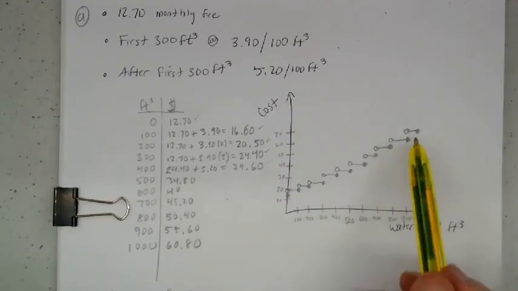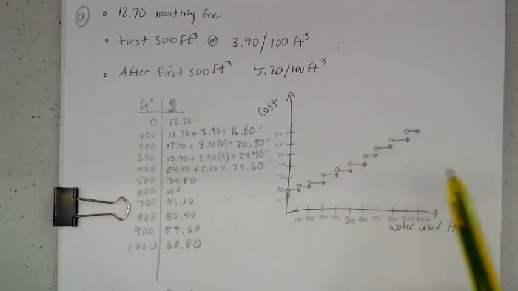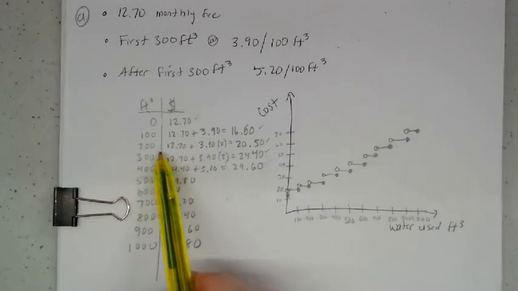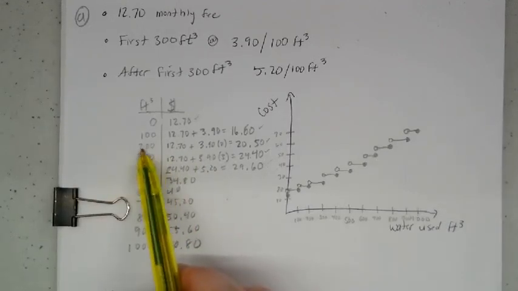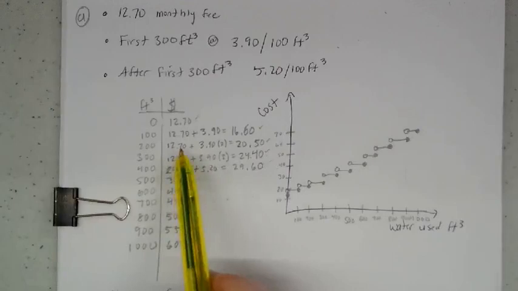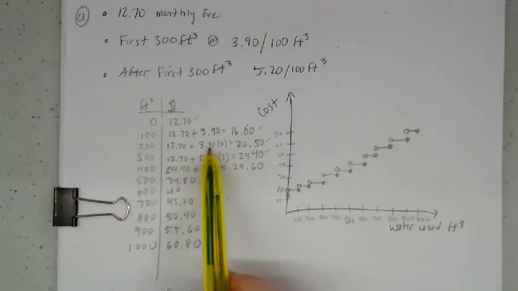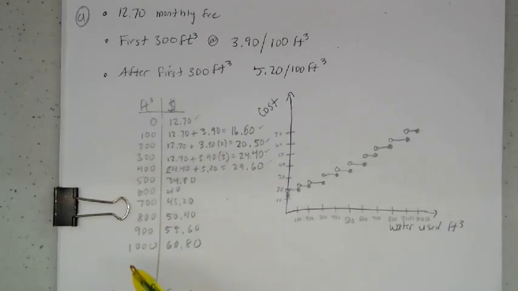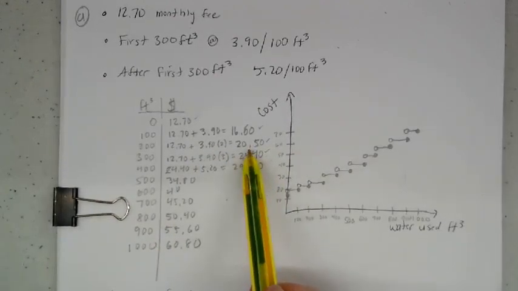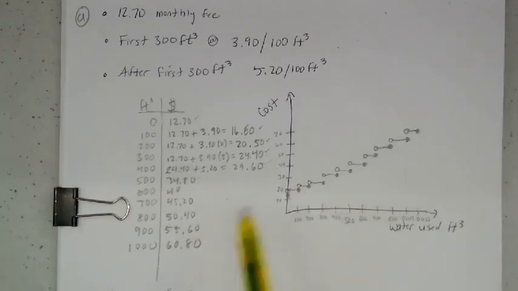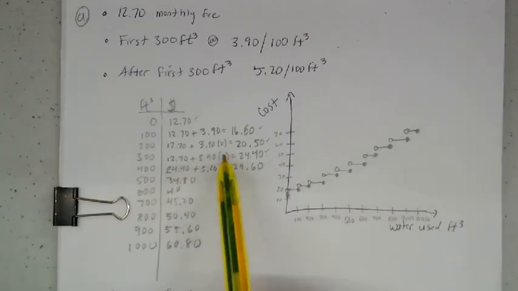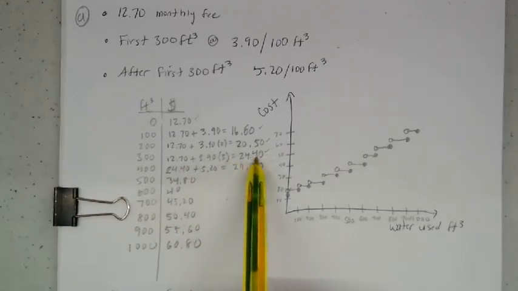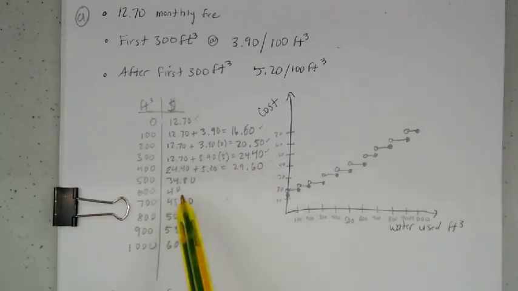They're all squished in there, but I did my best to graph them. The second, 200 cubic feet, is $3.90 times 2 plus your $2.70, which gave me $20.50, and I put that on my graph. Then I realized I can just add $3.90 each time.